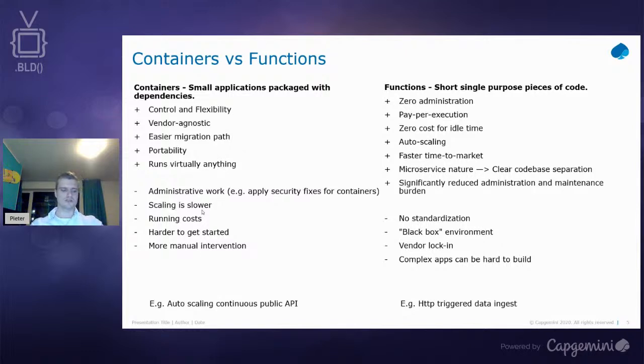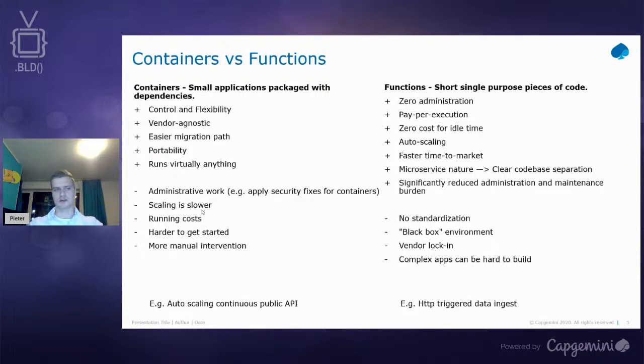So some advantages and disadvantages. For instance, containers are very portable, so they run everywhere. And because they have their dependencies included, you can literally just pack them up and run them on another system, no problem. If you compare this to, for instance, Azure Functions or AWS Lambda, those are more supposed to be running on that single platform.